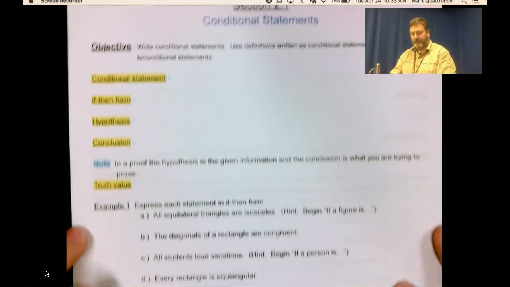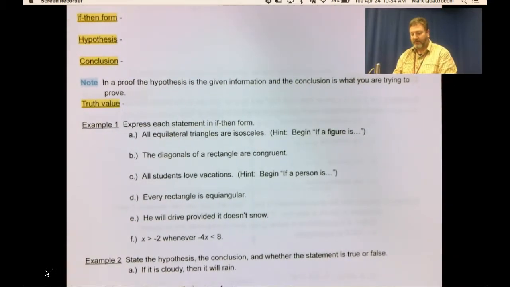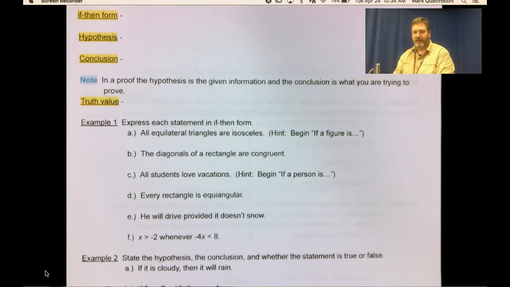Section 2.1, Conditional Statements. Example 1, express each statement in if-then form. All equilateral triangles are isosceles. You can see we have a hint here, which is to begin this phrase with "if a figure is."